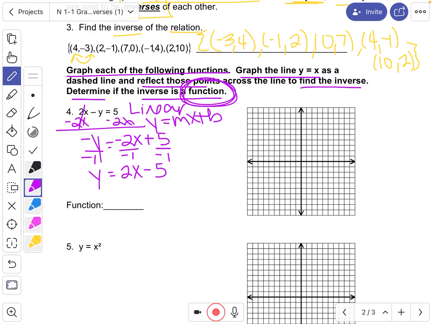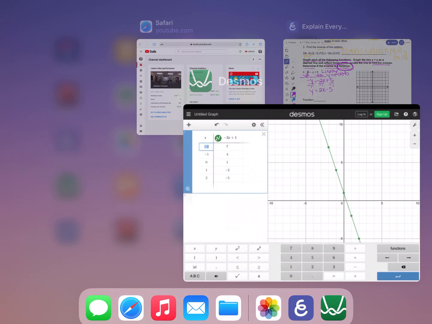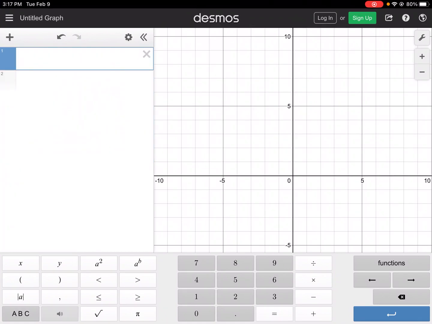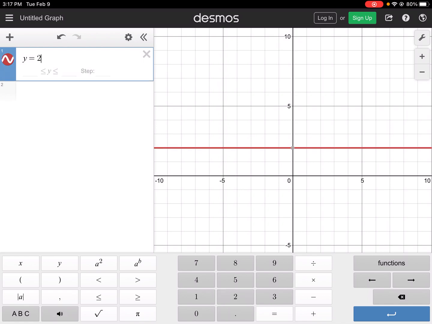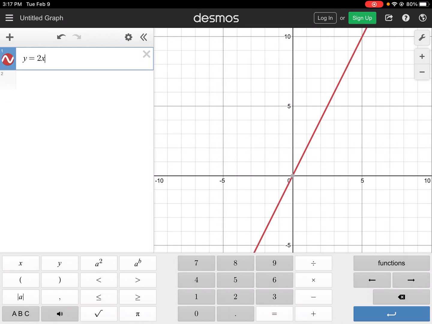Okay, so now again, you can use your calculator if you have one at home, or you're going to the Desmos app. So go ahead and go to that, and we're going to type that in. So y equals 2x minus 5. Again, go up to the top where you see those 2 left double arrows to the left of that.